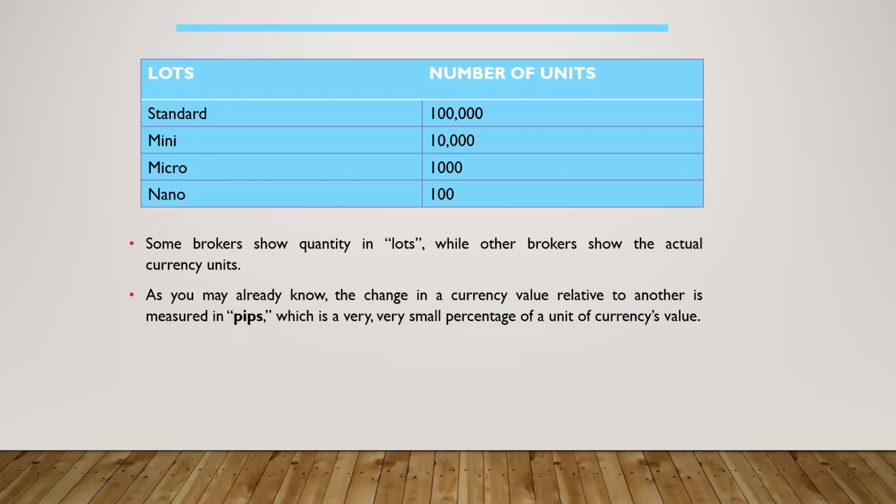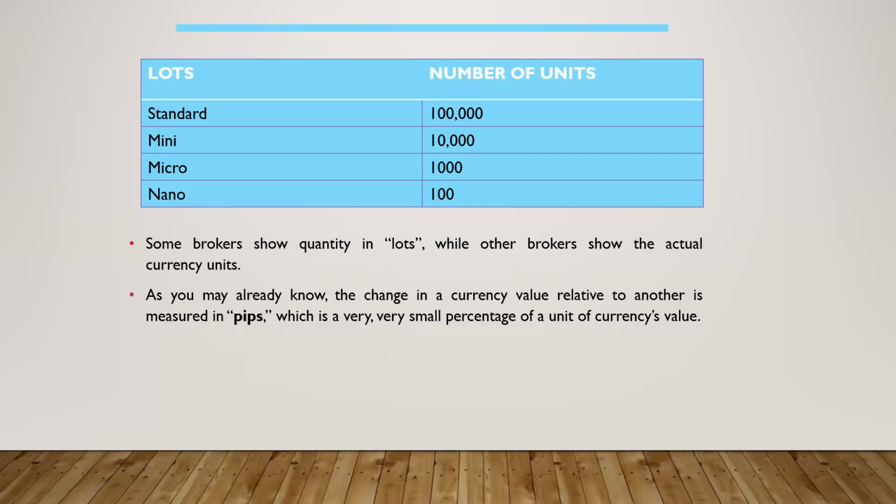Then this is the PIP. The PIP is the percentage in points, or percentage in value, of the movement a currency has made.